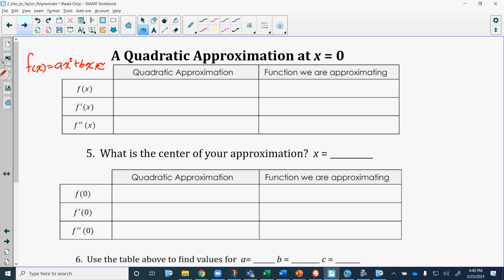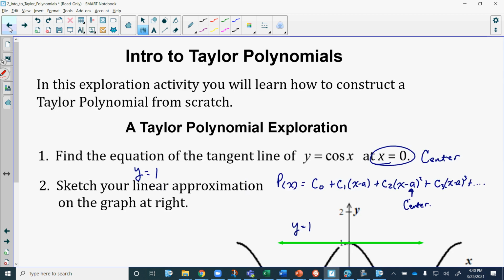And we're going to keep that same form, meaning the thing that's going to be similar for our Taylor quadratic approximation is that we're still going to go in alphabetical order, A, B, C, D, and so on. However, what we're going to be looking at is more in line with what we would see here with the Taylor polynomial, where you can see the exponent values are not starting at the highest exponent value. They're actually starting at the lowest exponent value, and they increase as the Taylor polynomial gets bigger.